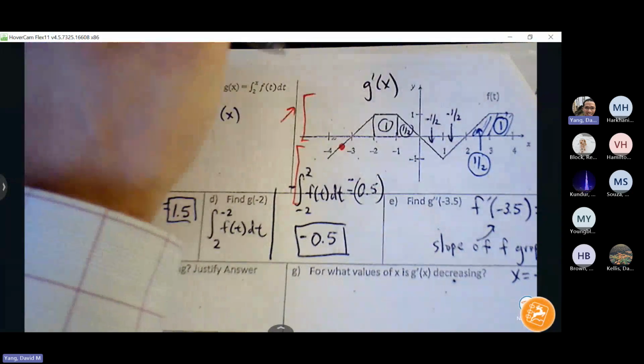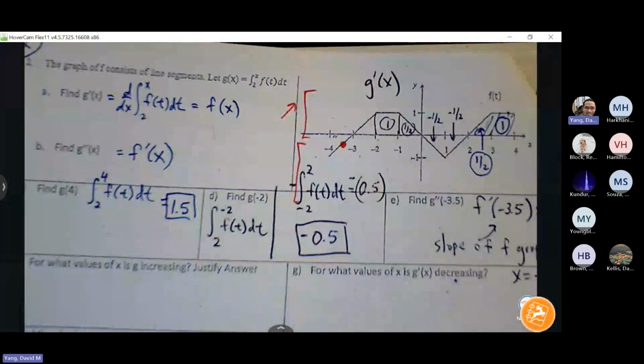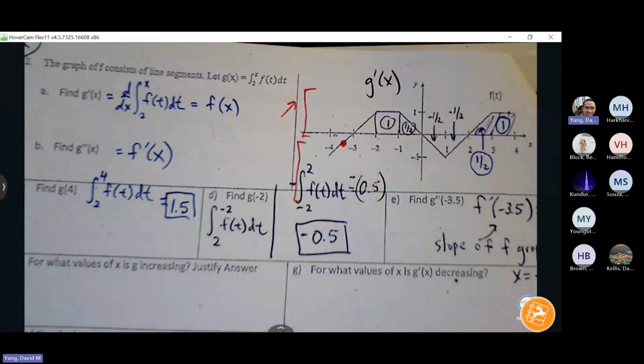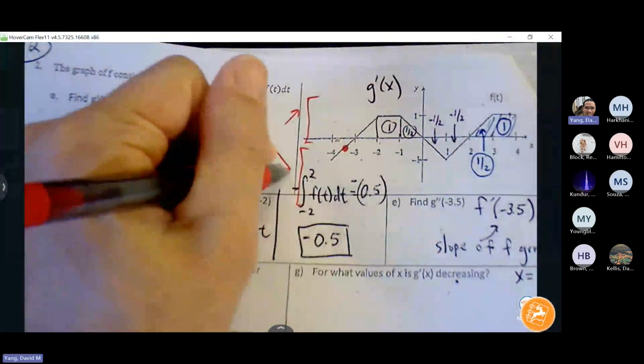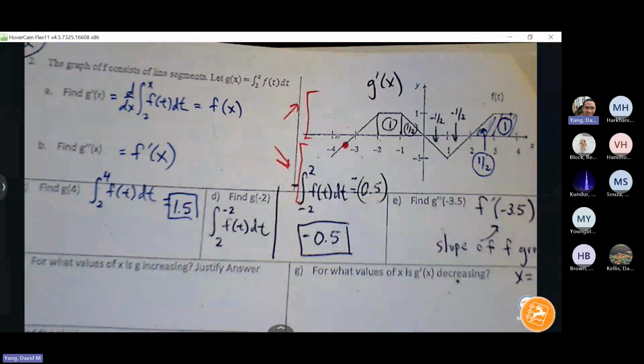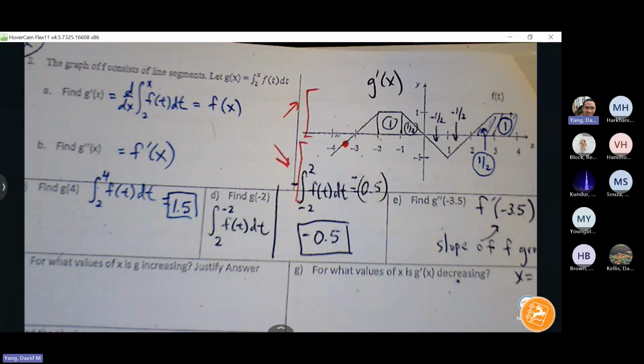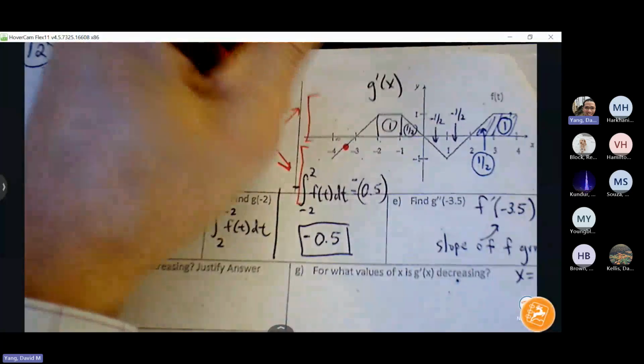Above the x-axis is where my original g graph is going to experience positive slope. Any negative y values that I see is going to represent where the original graph is going to experience negative slope. Anything on the x-axis, slope 0.